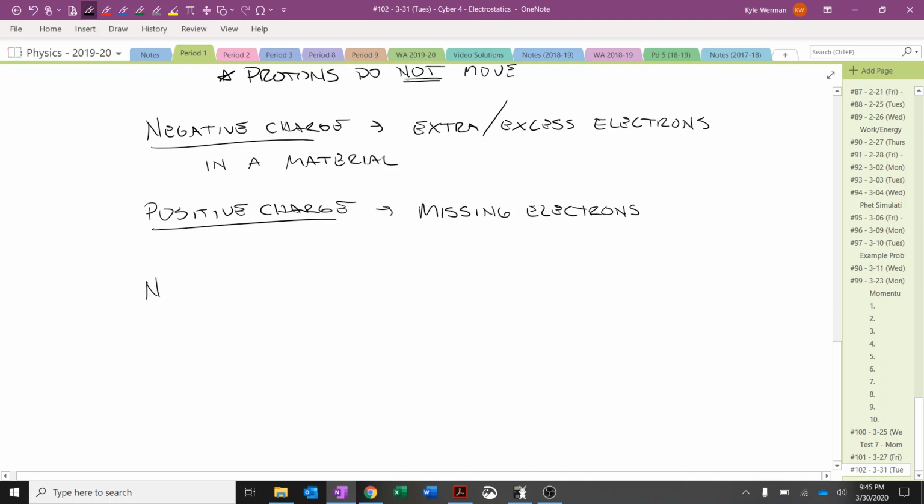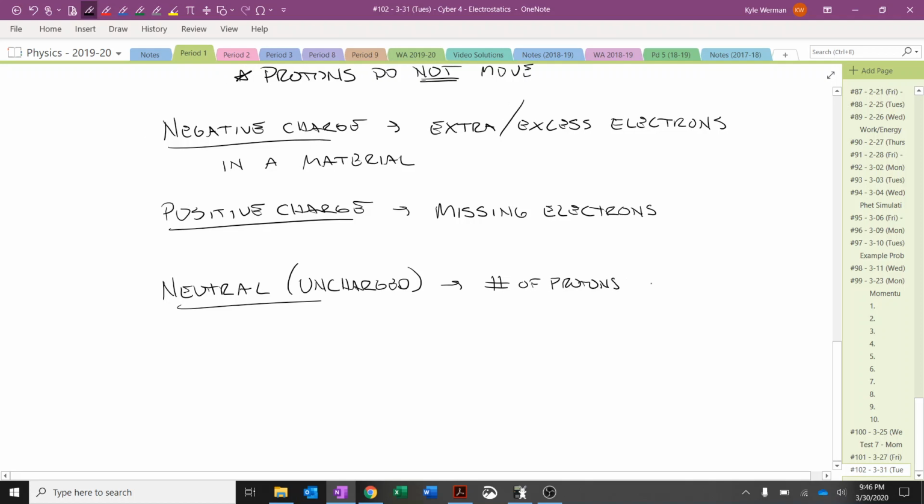And most atoms, if you look in their normal state, are neutral. Or we would say they're uncharged. This simply means that the number of protons in the material is equal to the number of electrons.